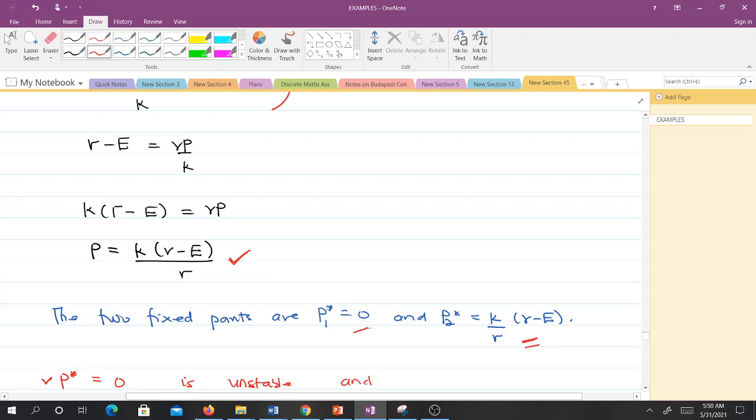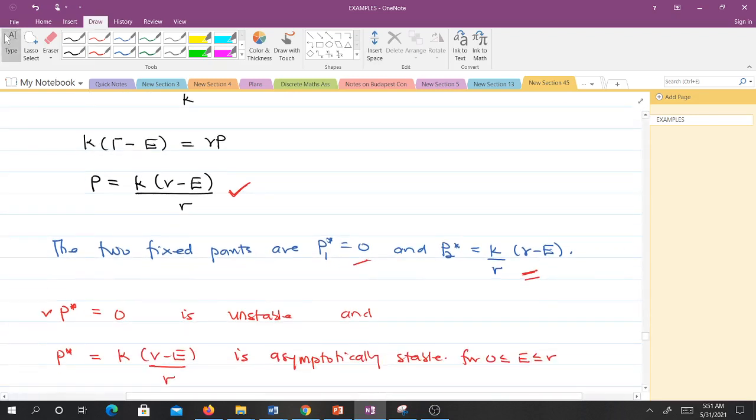Our fixed point 0 is always unstable, and our fixed point K over R times (R minus E) is asymptotically stable for E which lies between 0 and R. Okay, so know that the fixed point 0 is always unstable, and the fixed point K over R times (R minus E) is asymptotically stable.